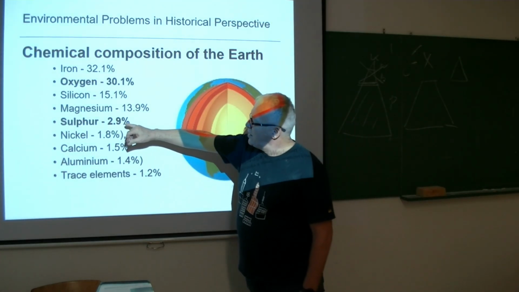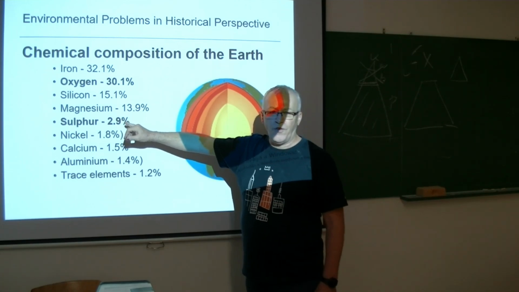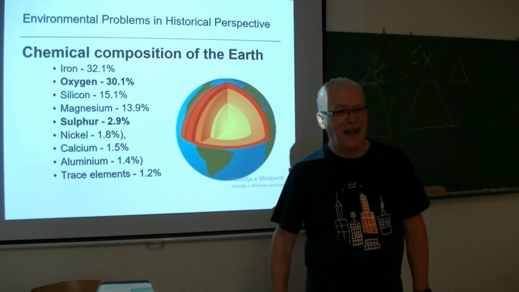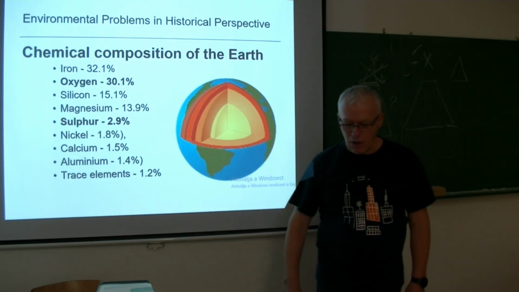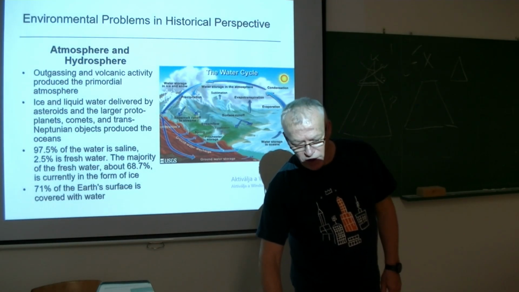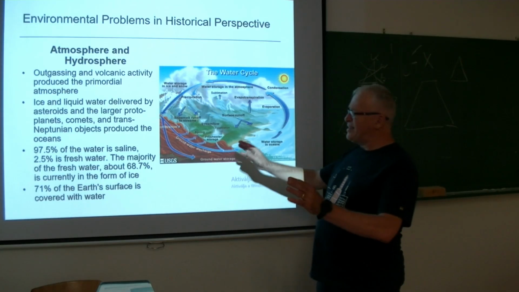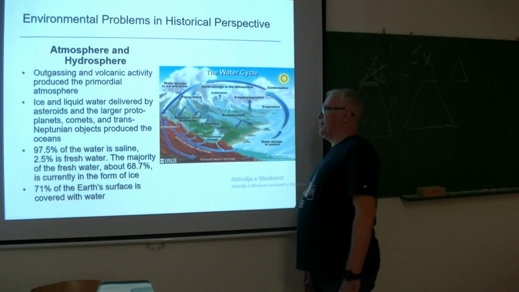And I bolded the sulfur because the first form of life was not oxygen-based but sulfur-based, 3.8 billion years ago. Okay, we are living in the third atmosphere, and it's simple general information about ice and liquid water.